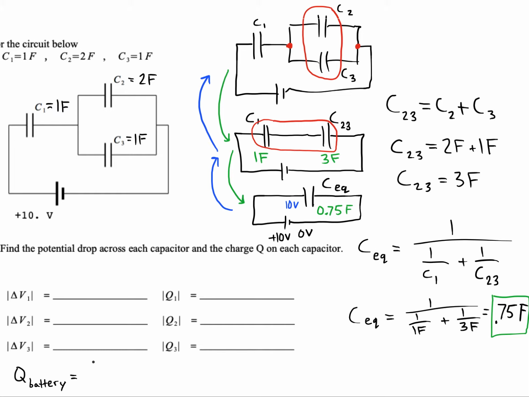Let's see, it's going to be CEQ times the delta V of the battery. All right, so that's going to be 0.75 farads times 10 volts. That gives us 7.5 coulombs.